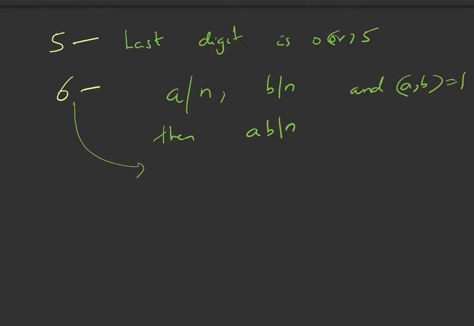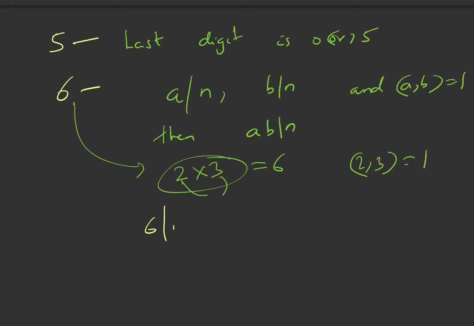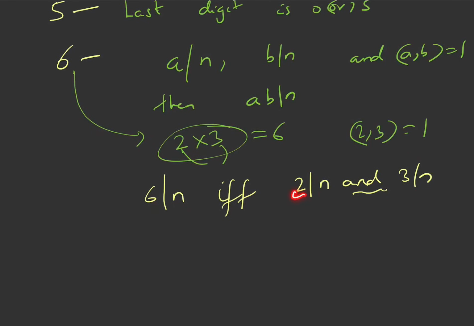For 6, I will take 2 into 3, and I know that GCD of 2 and 3 is 1. So 6 divides n if and only if 2 divides n and 3 divides n. Both conditions should be true, that 2 divides n and 3 divides n, then only can I say that 6 divides n, because GCD of 2 and 3 is 1. That's why I can use this property.